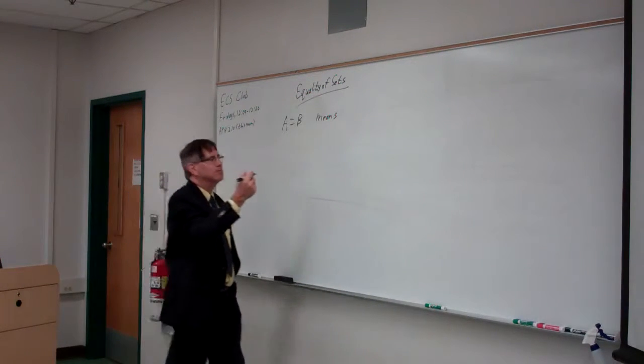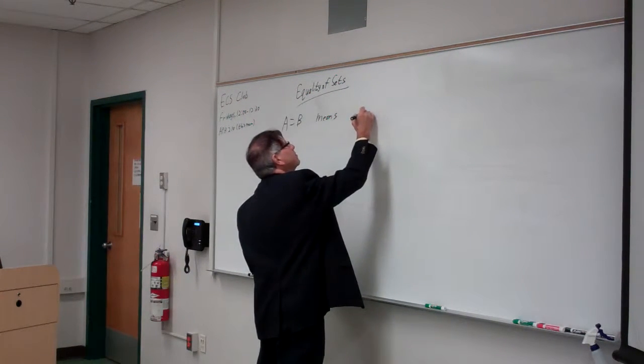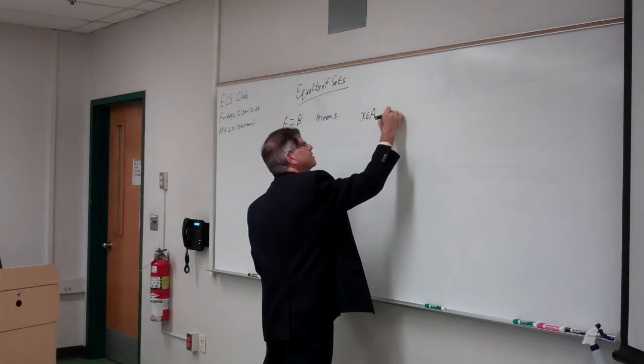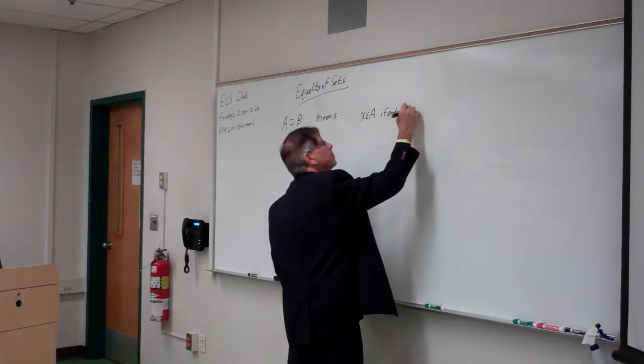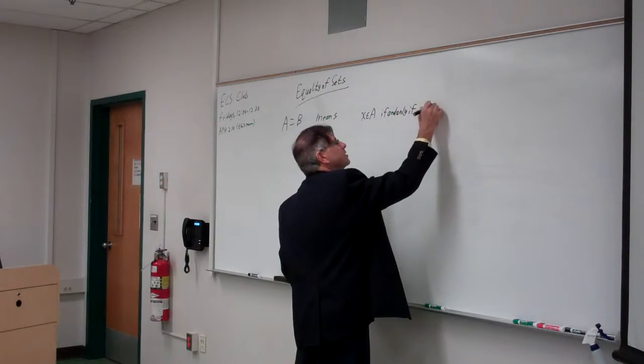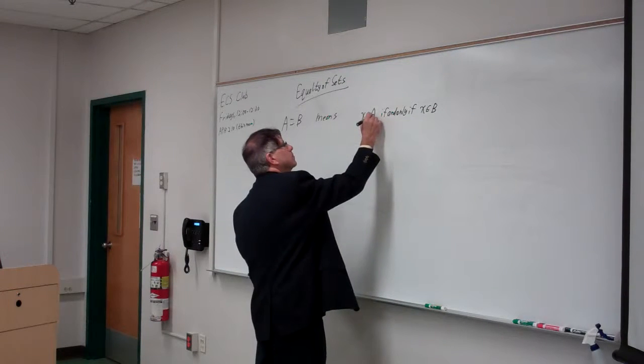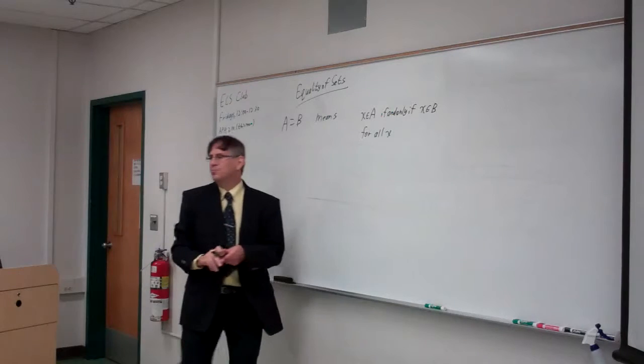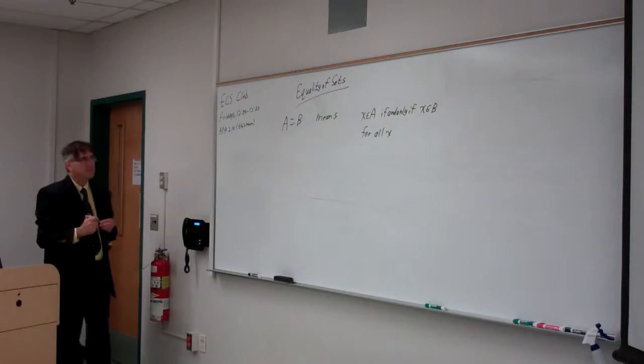So I'm going to write that as follows. X is contained in A if and only if X is contained in B for all possible objects X.